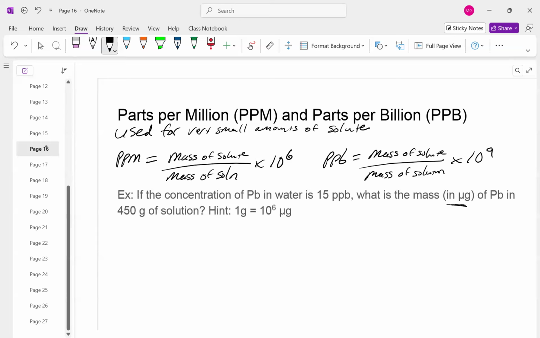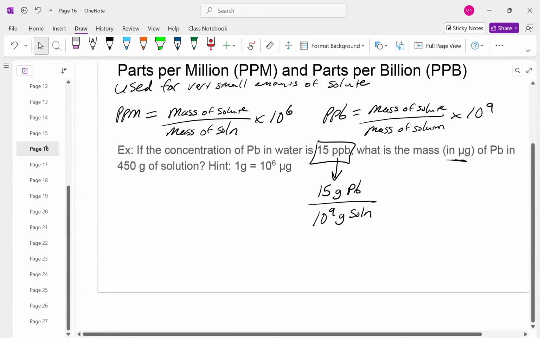Okay, so how do we make this a conversion factor? Well, we're just going to take that 15, and what that means is that there are 15 grams of lead and 10 to the ninth grams of solution. So that's how we're going to use this. If it had said 15 ppm, or parts per million, we would have said 15 grams over 10 to the sixth grams.